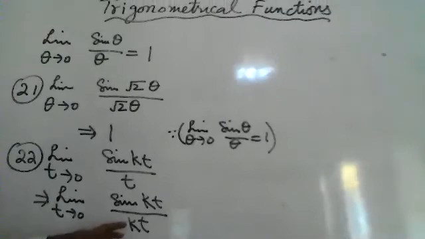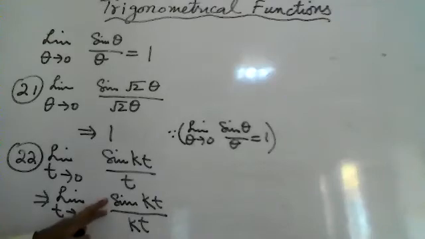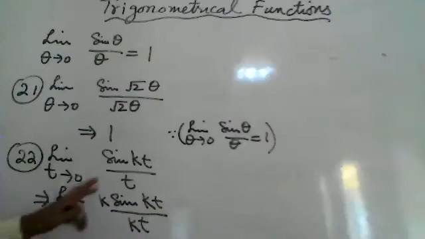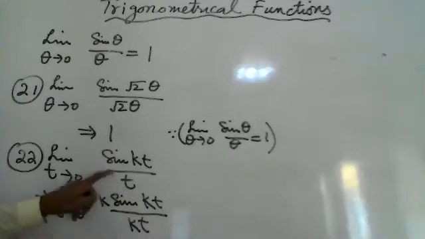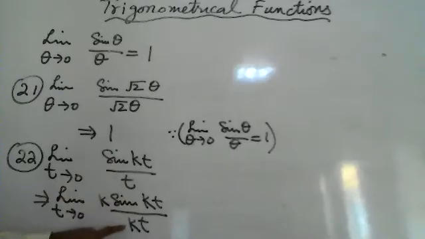When we multiply by k in the denominator, we have to multiply by k in the numerator also, so that it remains balanced. There was no k, we multiplied by k, it became kt. To balance it, we have to multiply over there so that it is cancelled.